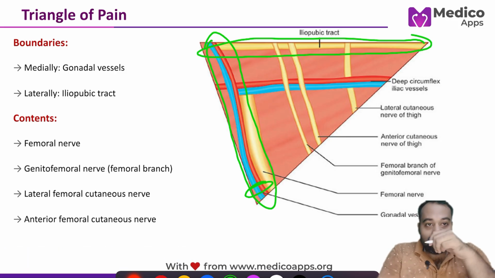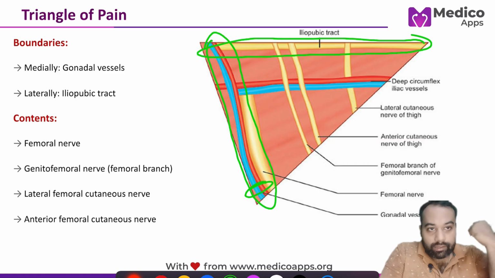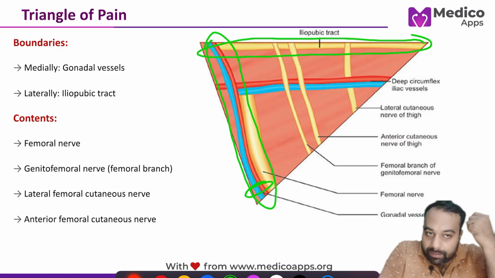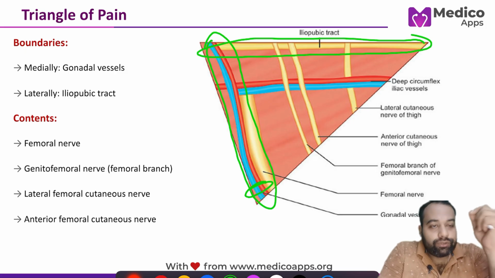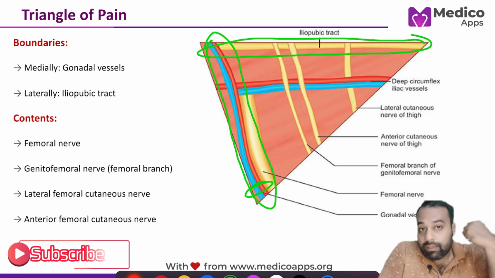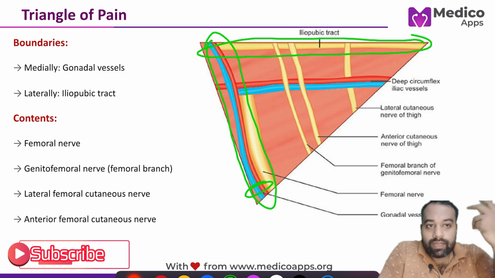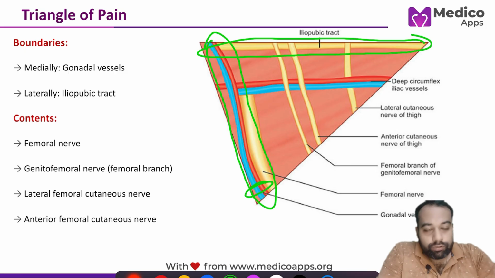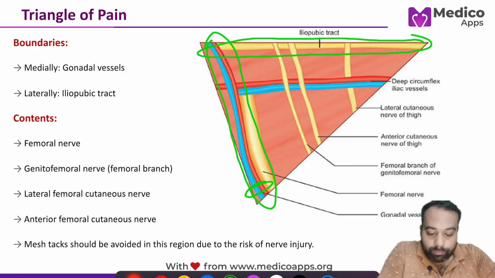So these four nerves are basically the content of the triangle of pain. In case we place a tacker in that triangle of pain area, that will eventually cause significant post-operative pain. So just to avoid that, we need to have good knowledge of the triangle of pain and the triangle of doom as well.